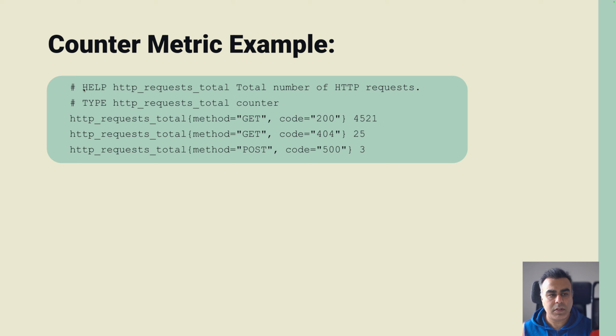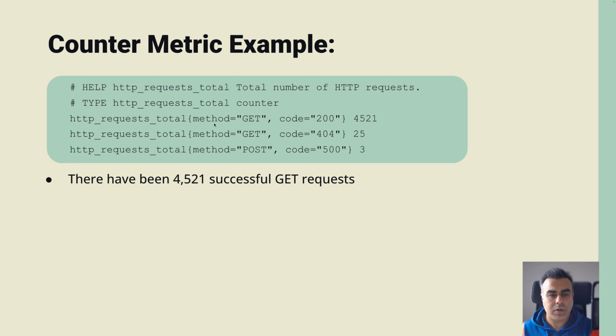The first line starts with HELP, and we see the name of the metric, which is http_requests_total, and there is a description for this metric, and the type of this metric is counter. So we have three metrics here. The first one indicates the total HTTP requests, which is 4,521.